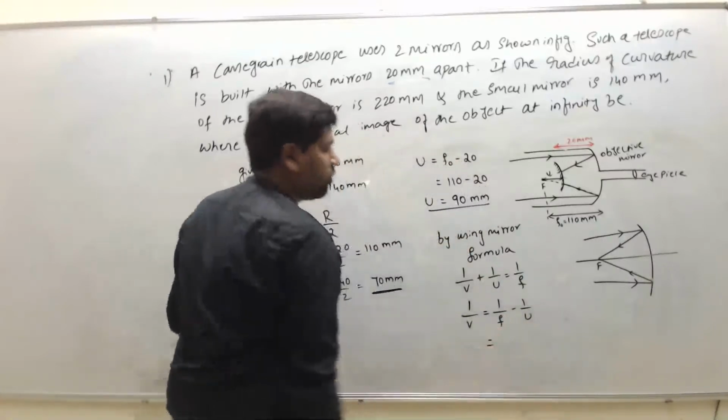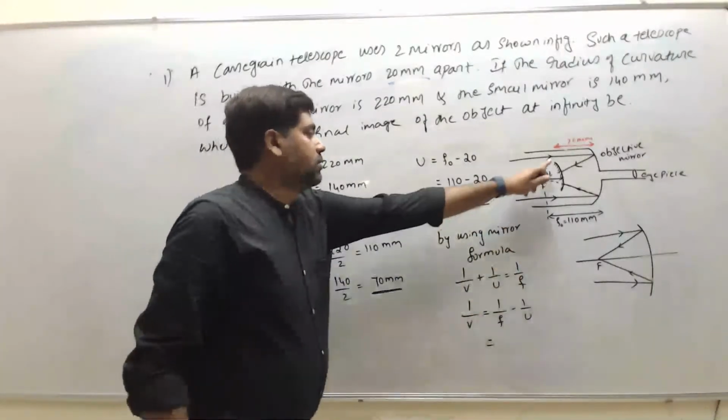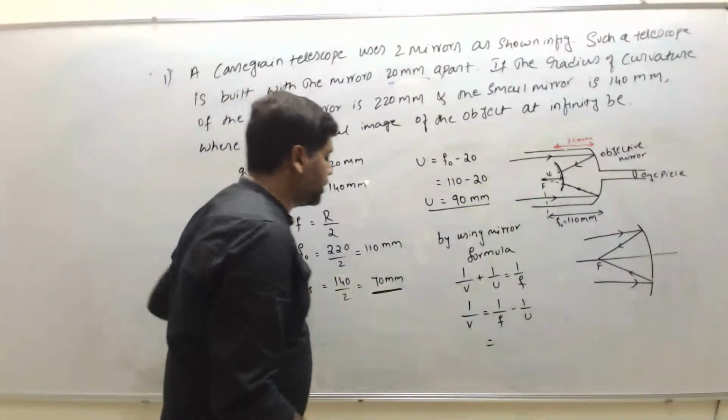We know the value of f for the smaller mirror. The value of f is 70.